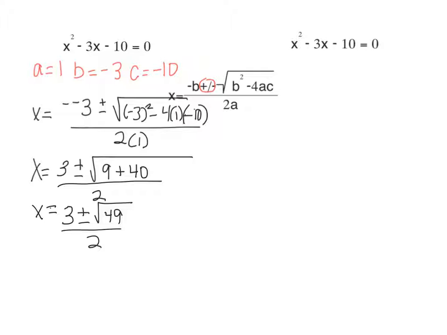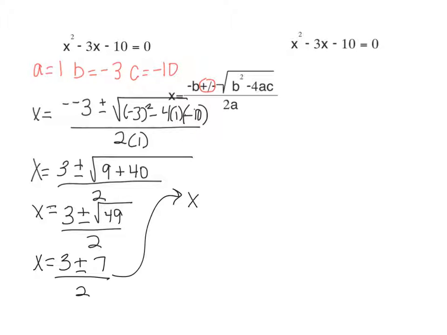Now there's oftentimes where we won't be able to find the square root of the number without typing it in our calculator, but we happen to know the square root of 49. So my equation becomes x equals 3 plus or minus 7 over 2, because the square root of 49 is 7. So I have two problems.